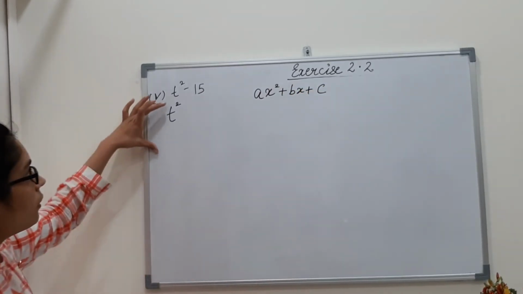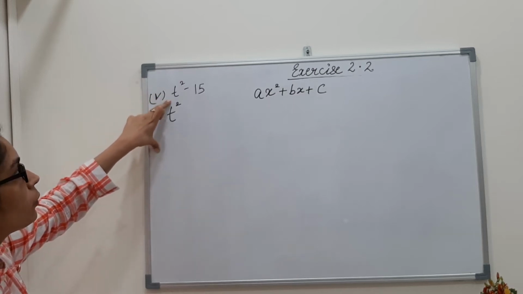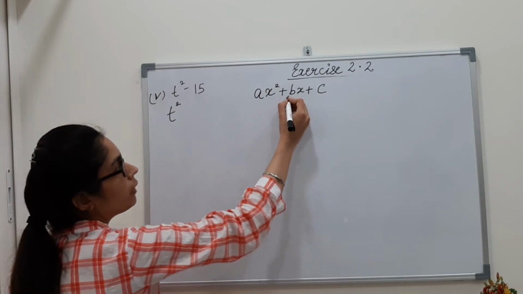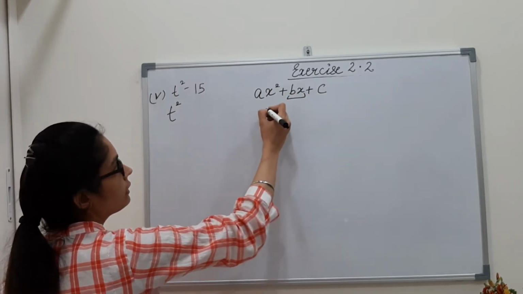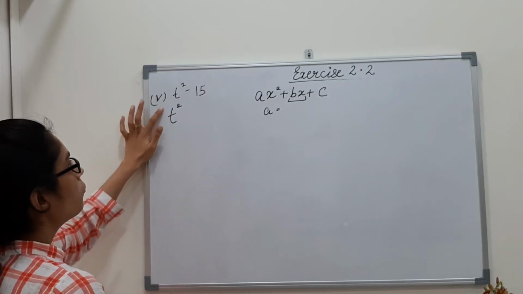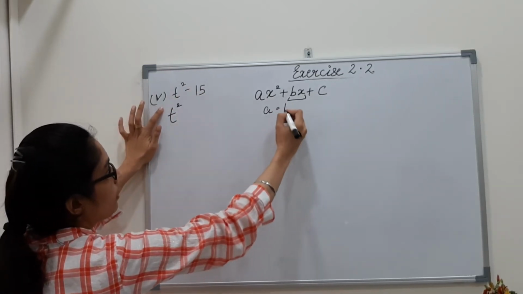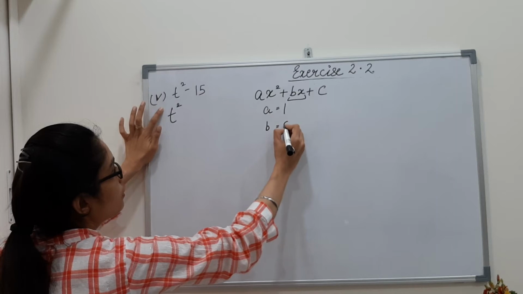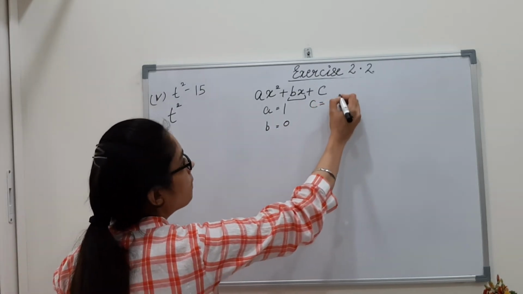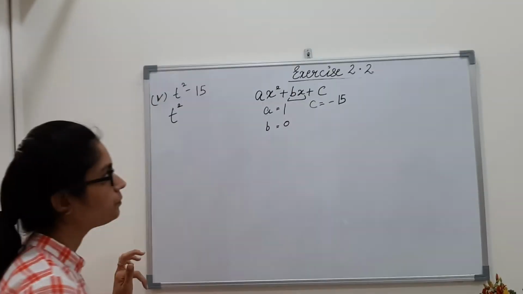Here you can see t square minus 15, so this middle term they have not given. So your a will be equal to 1 with 1 t square, b will be 0 and c will be minus 15.